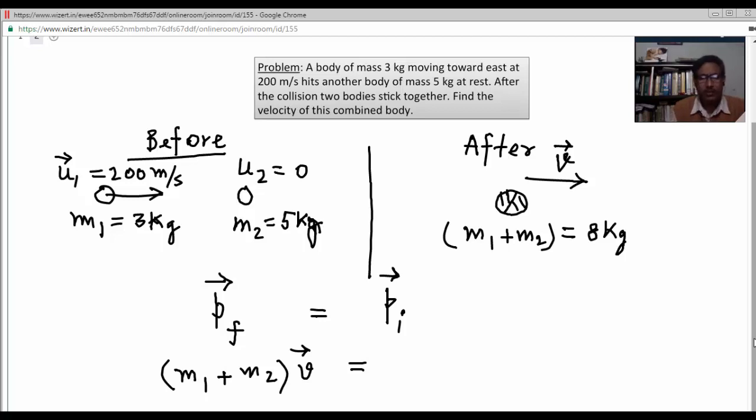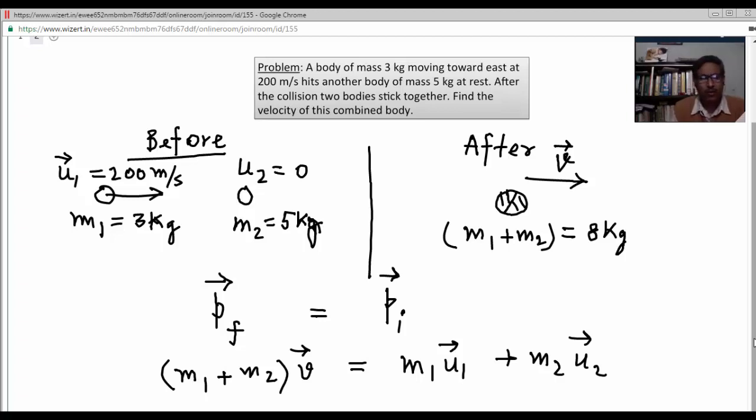So it is m1 u1 plus m2 u2. m2 u2 is the momentum of the second body, mass times velocity, and m1 u1 is the momentum of the first body, in the same way, mass times velocity.